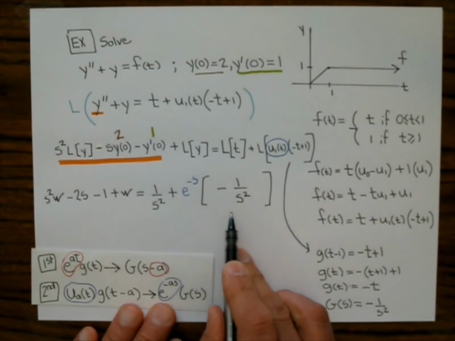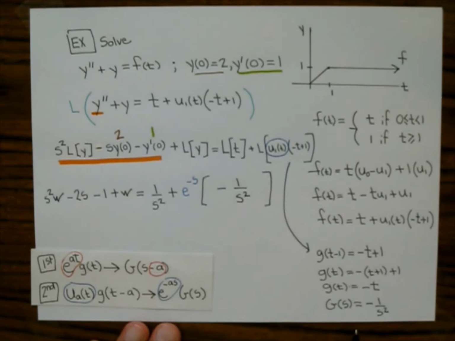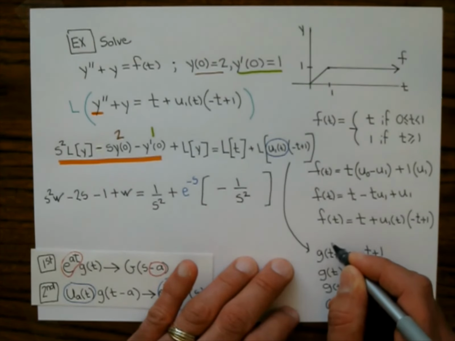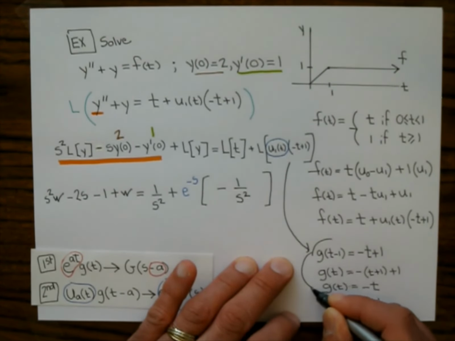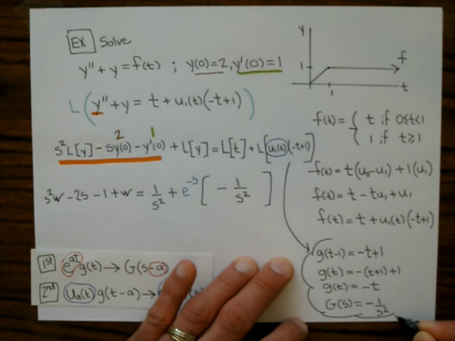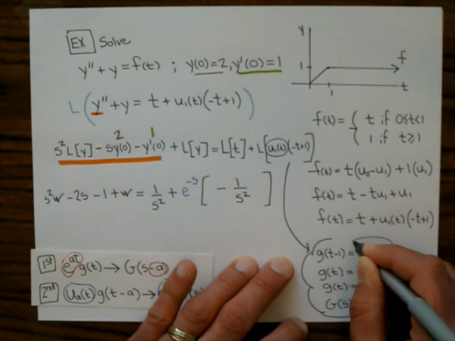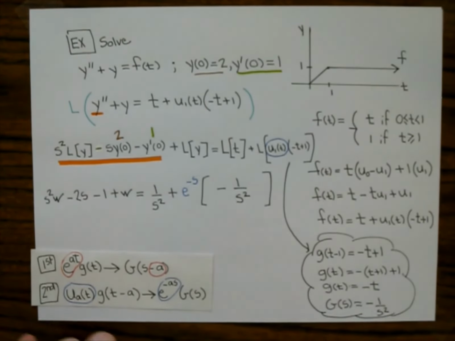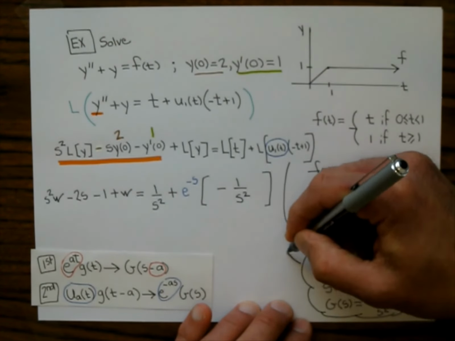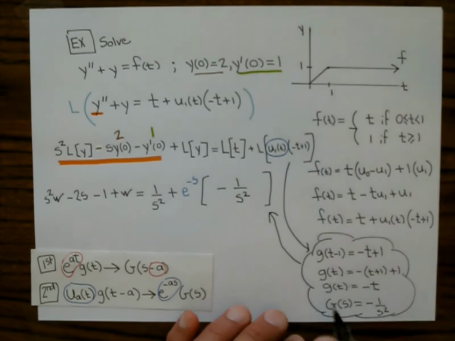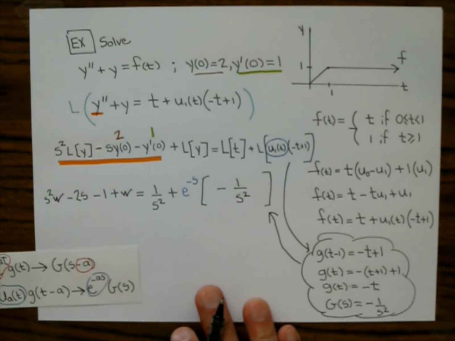And yes, I left a lot of room, didn't I? And so that is what we did. This was the second shifting theorem. And that's how we got that right there. So let me say we popped out of the cloud and got that right there. Okay.